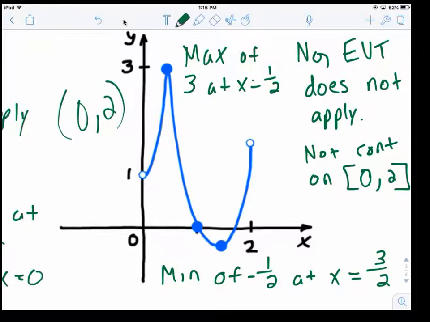Again, they occur at x values. 1/2 would be a critical value because the derivative does not exist. And then 3/2 is where your derivative is equal to 0.